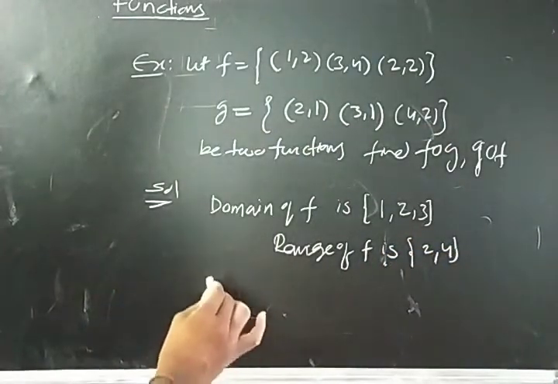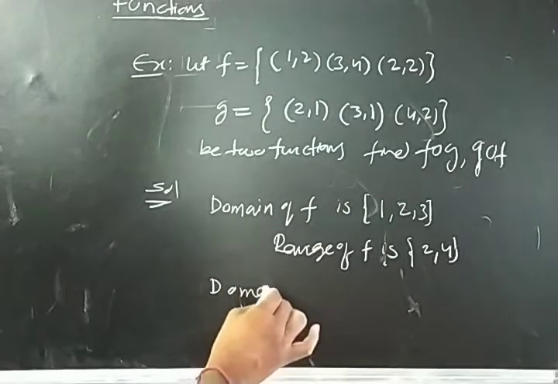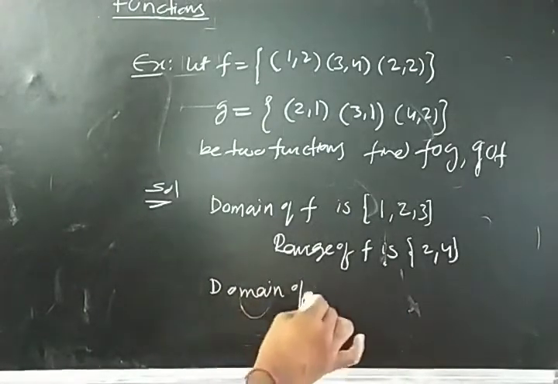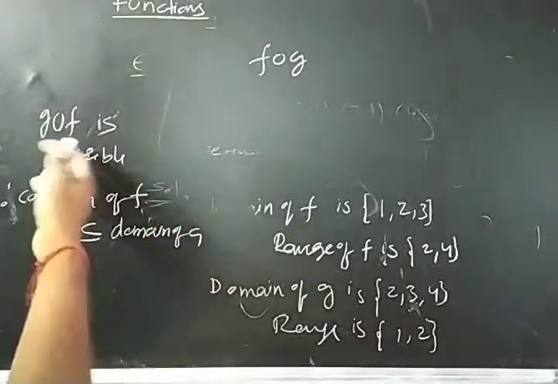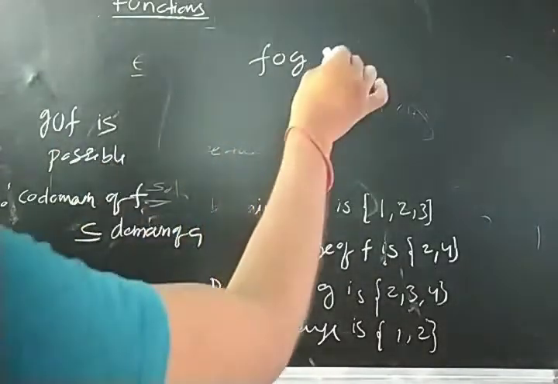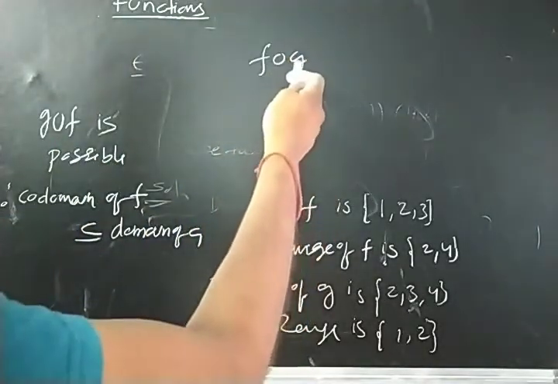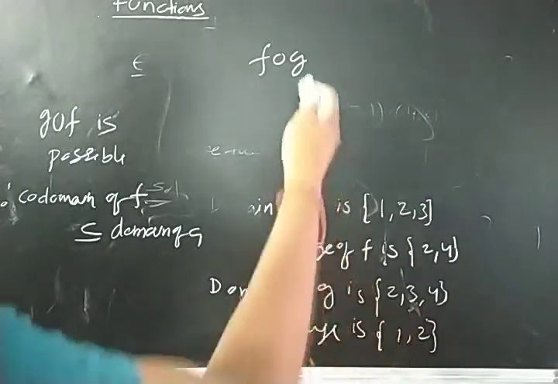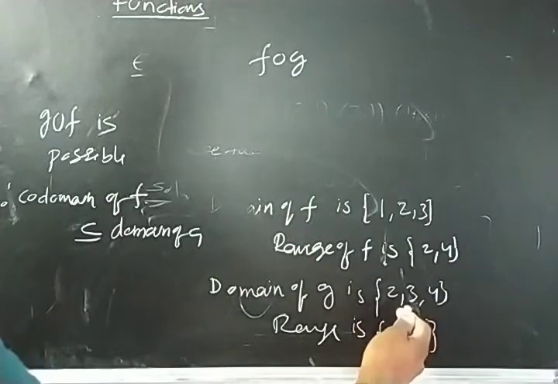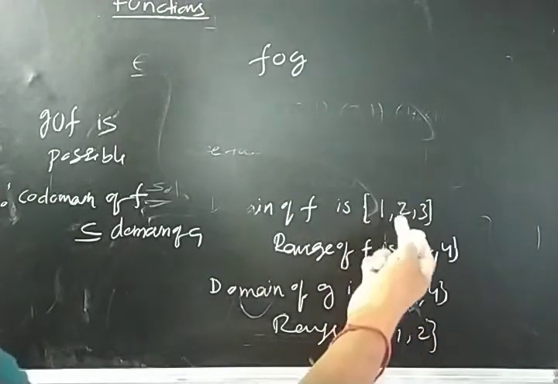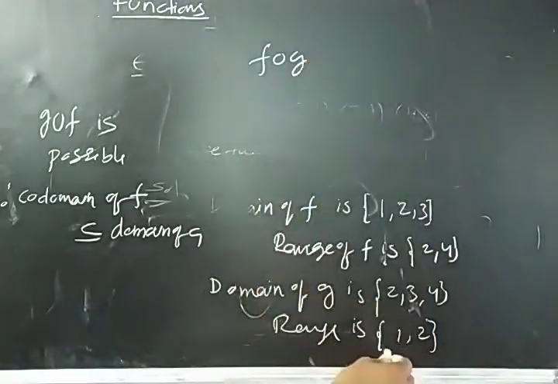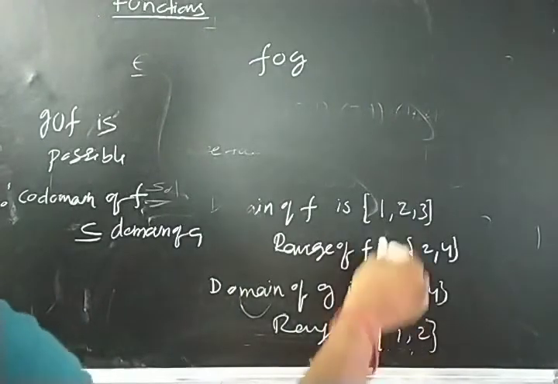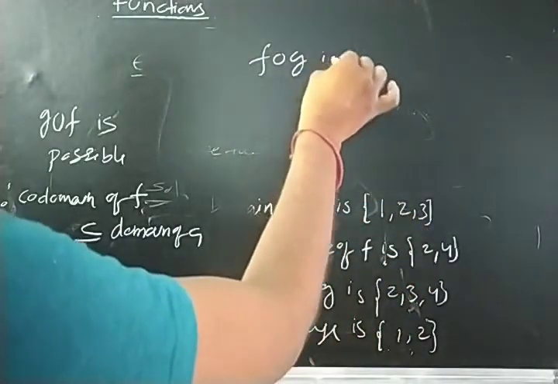Right? Next, the domain of g. Is g circle f possible? Is f circle g possible? Check the g domain. What is the g domain? 2, 3, 4. Is the range of g a subset of the domain of f? Yes, it is a subset, so it is also possible.